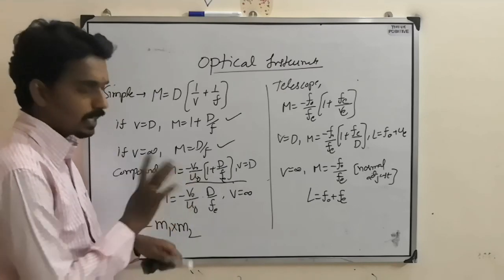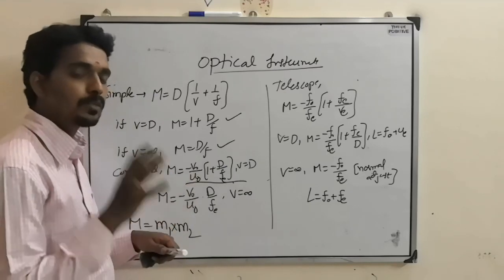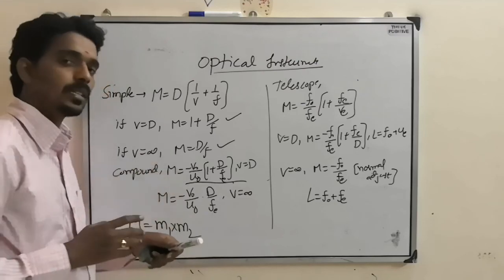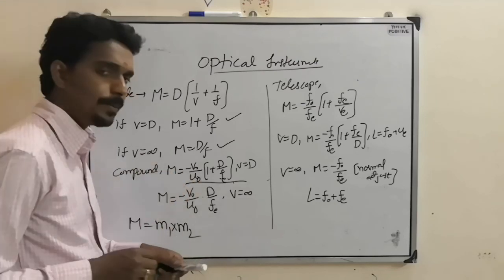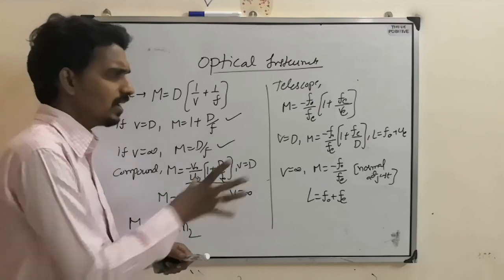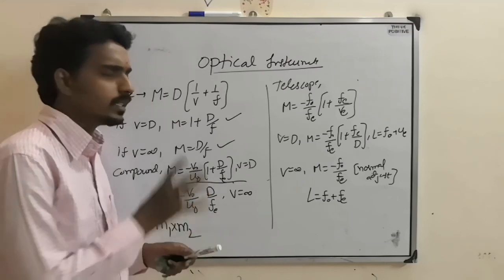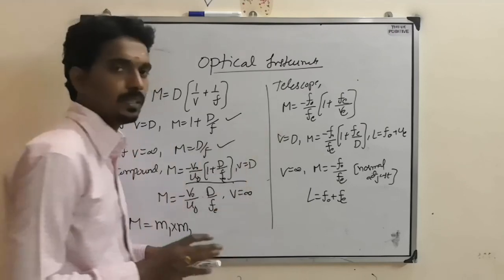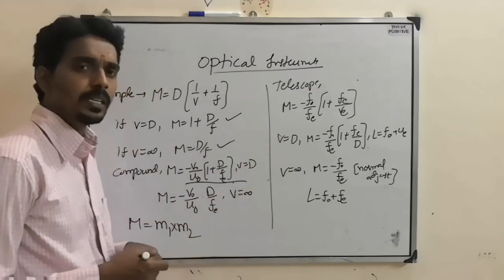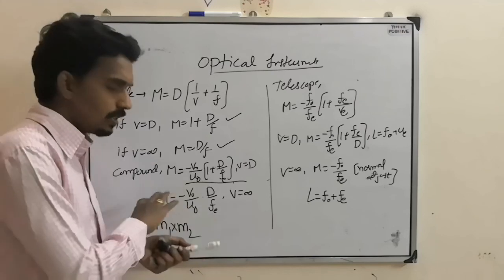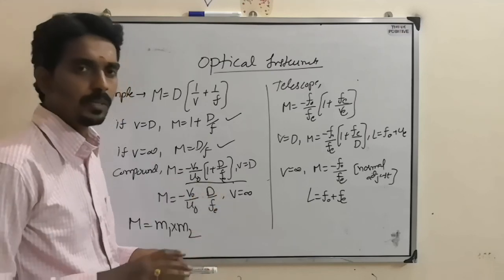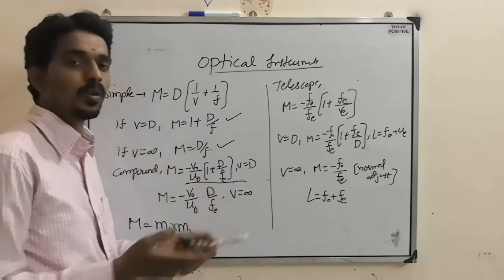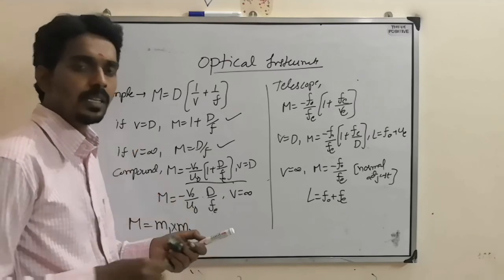So here one formula, here one formula. In the question they will specially mention what condition they are asking, so accordingly you use the formula. Here we don't have to do anything. Just remember the formula, understand the question, take the data and try to solve it. And telescope means it is reverse. The objective and eyepiece both will be there, but the objective size is more and the eyepiece size is less.